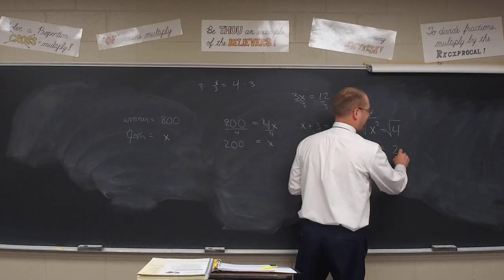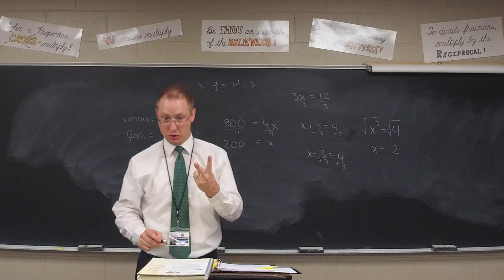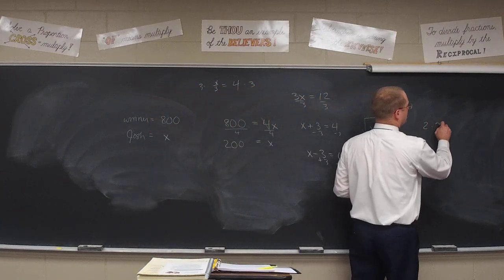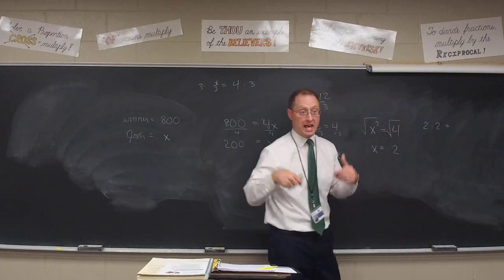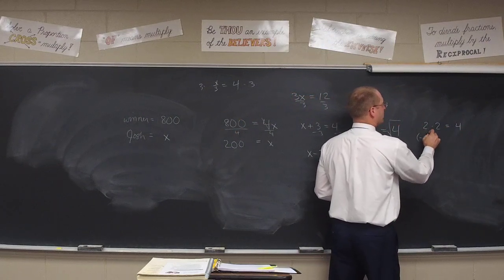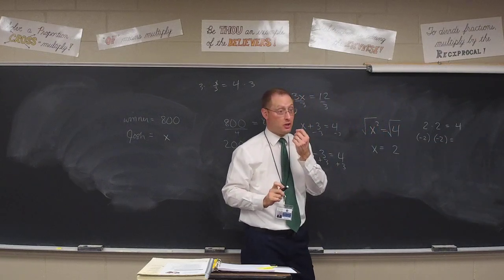Although technically, there are 2 square roots. Because if I multiply 2 times 2, class, I do get 4. But if I multiply negative 2 times negative 2, we know we also get 4.